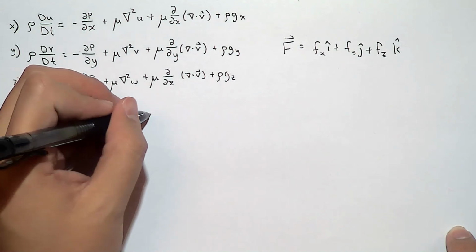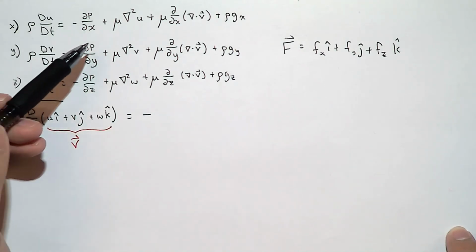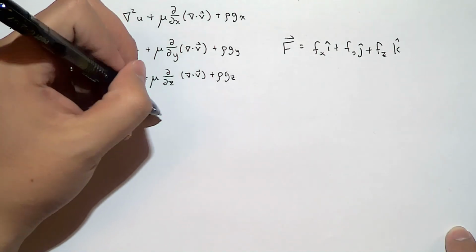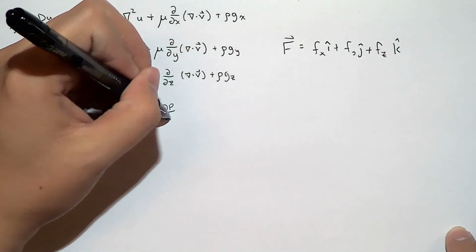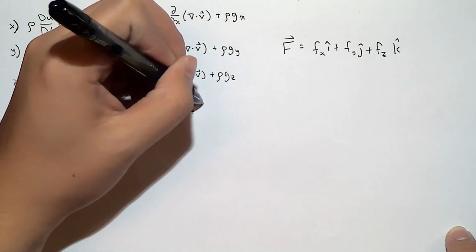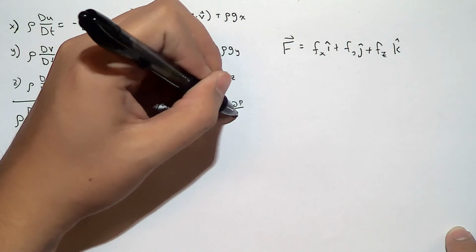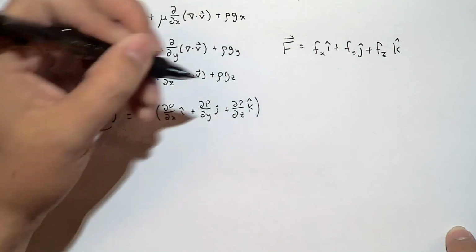Okay, so we factor a negative one. And we get ∂p/∂x plus ∂p/∂y plus ∂p/∂z. Where have we seen this before? In the x, y, and z directions. Maybe if I write it down, it'll be a little bit easier. ∂p/∂x i plus ∂p/∂y j plus ∂p/∂z k.